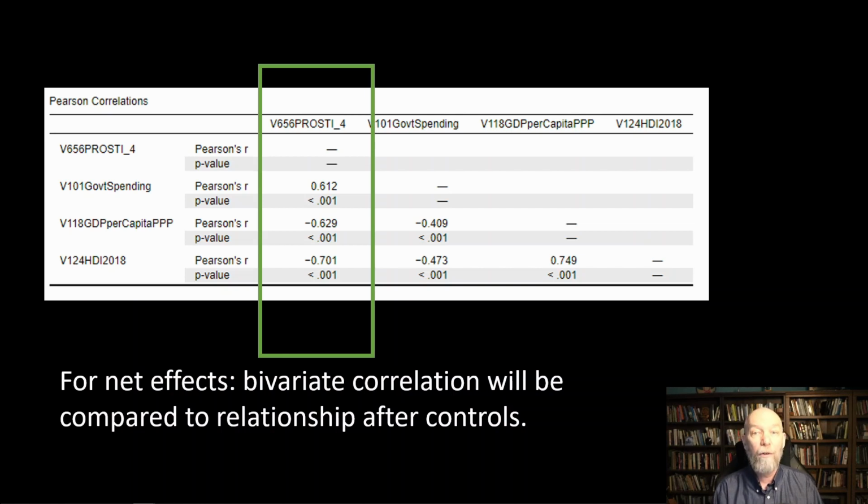As HDI goes up, negative effect, prostitution goes down. The view of prostitution is never justifiable drops. Strong negative relationship. Both the government spending and prostitution view and the HDI and prostitution view results are statistically significant, with P being less than 0.001. Okay, we know that. We're going to use that in a moment.